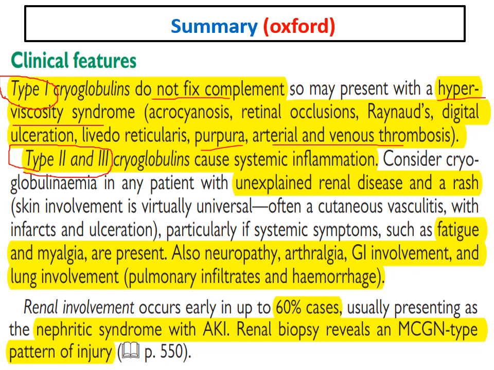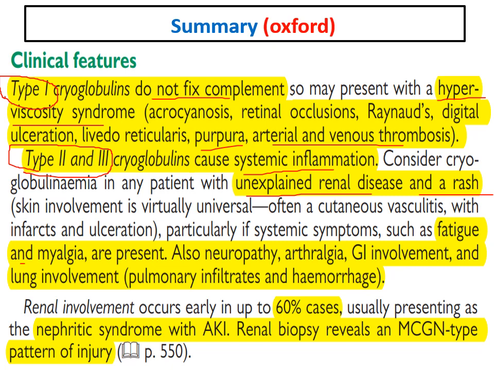But types 2 and 3 usually cause systemic inflammation, usually presenting with renal disease and rash, as we said, a purpuric rash, which is painless and non-pruritic, mainly in the lower limbs.